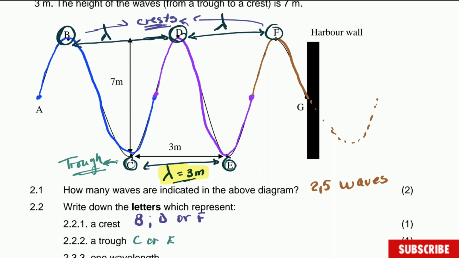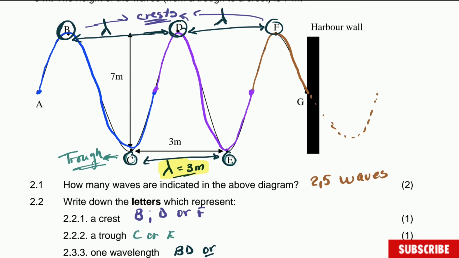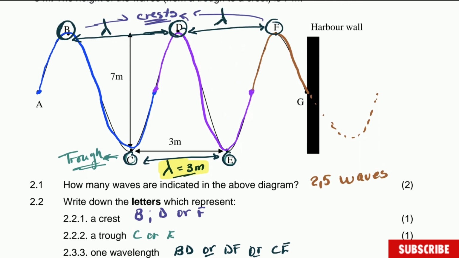So the letters that represent a wavelength, you can, guys, say either BD, or you can say DF as it is there up, or you can say CE. Any of those will represent a wavelength. 2 consecutive points in phase. And remember, points in phase are points that have the same motion at the same time.